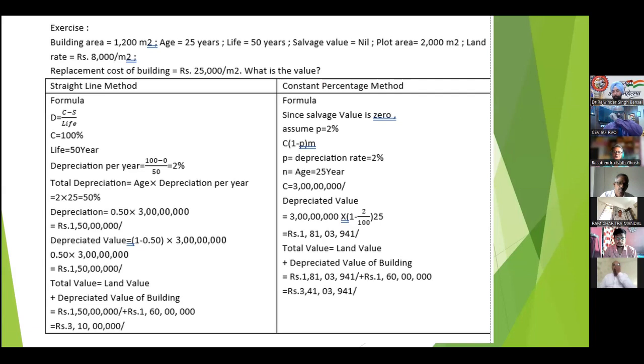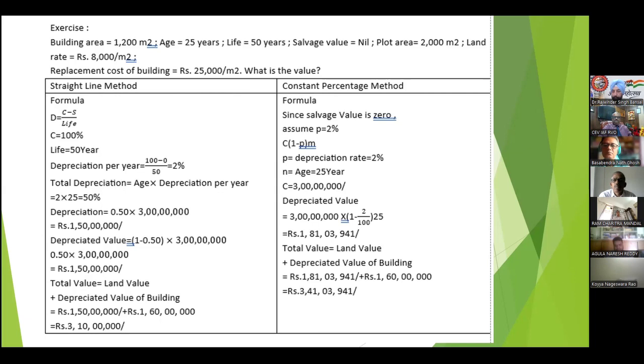Anybody? In the straight line method, we calculate on the original cost of the asset. And in the constant percentage method, the salvage value becomes completely zero.